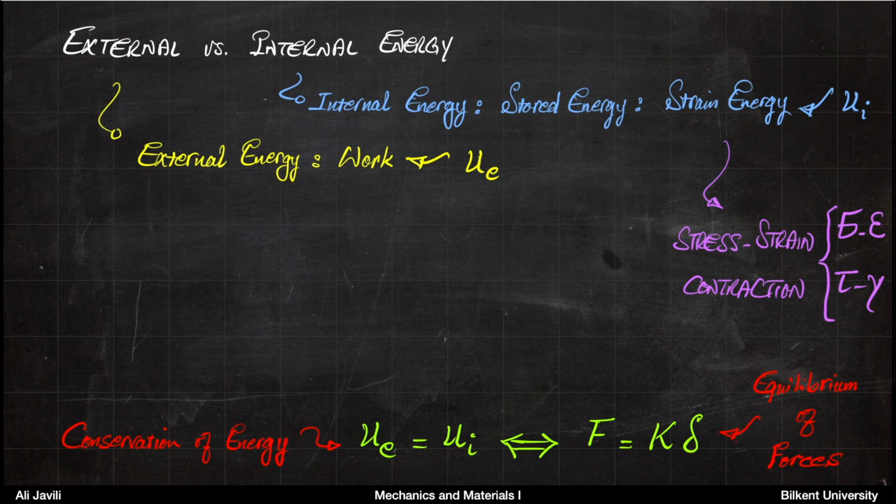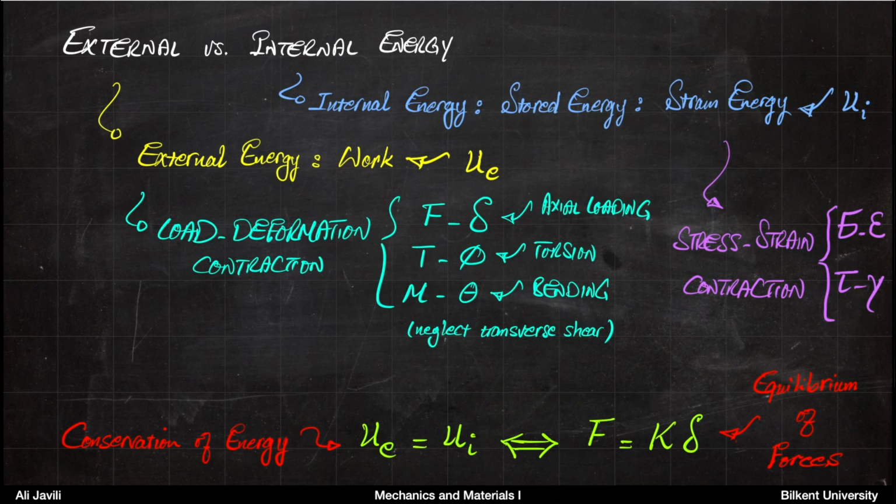Now, how about external work, external energy? Also, you can imagine that our typical or generic definition of work must hold. So work or energy is force times deformation. That means you need to have a contraction, or some sort of multiplication between load and deformation to calculate energy, external energy in this case, or work.